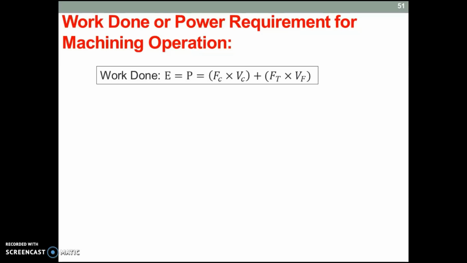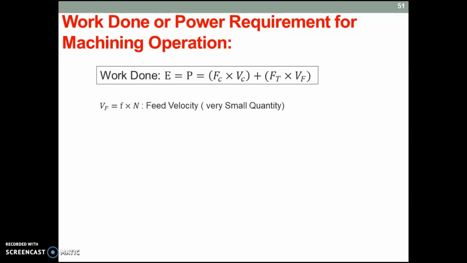The feed velocity can be calculated as f into N, where f is the linear feed we are giving and N is the RPM at which the workpiece is rotating. So to calculate the feed velocity, it is nothing but the multiplication of f into N.